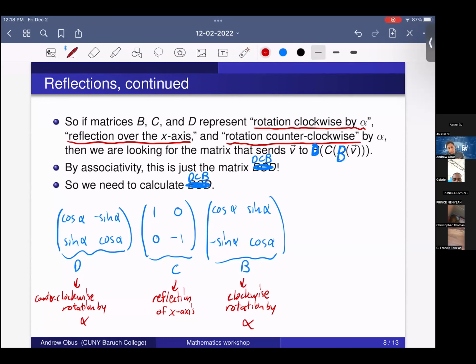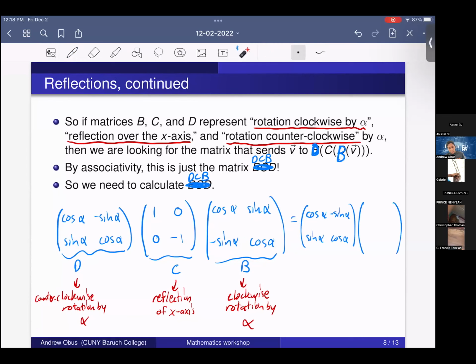I'm going to multiply first C and B, so I'm going to leave D alone. This is cosine alpha, minus sine alpha, sine alpha, cosine alpha. Then we multiply these two matrices together. You can check it as an exercise.